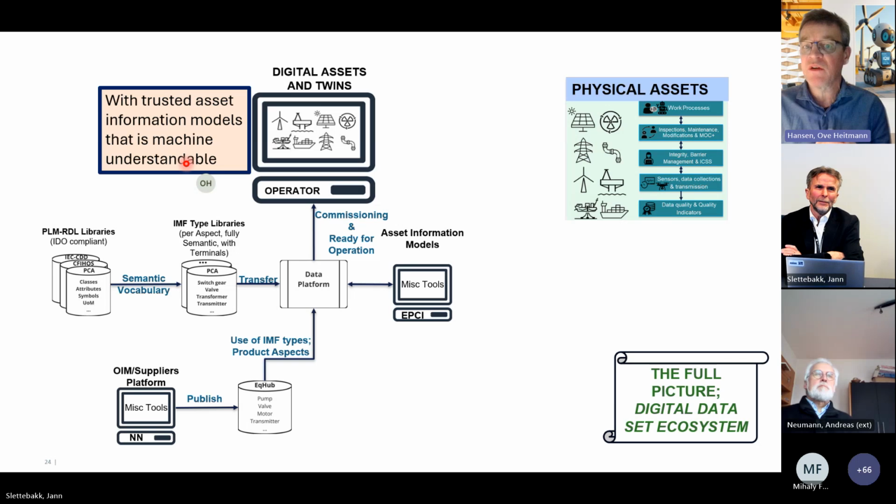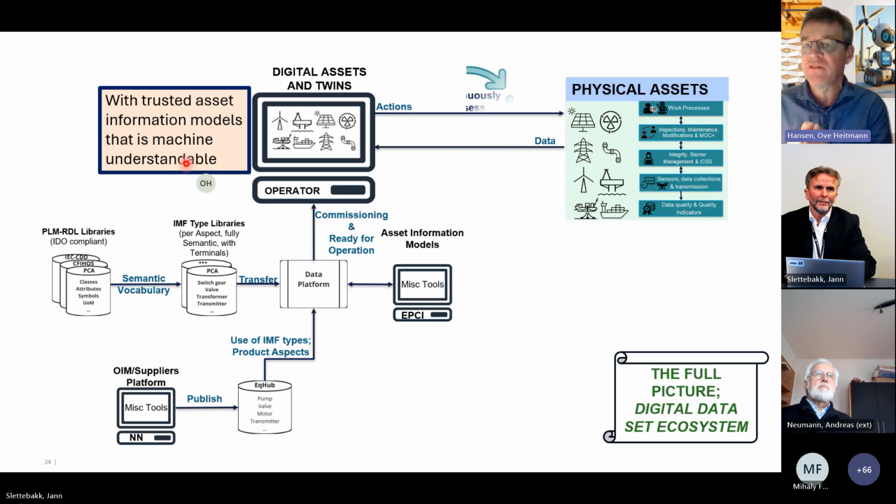And when we have verified that with trusted information models, then we can actually start feeding it with data. Because we need data from the different aspects and the different physical asset instrumentation or equipment to make these information models, our asset information models, live. We need to make sure that everything that happens on the physical asset is actually represented in the digital asset.